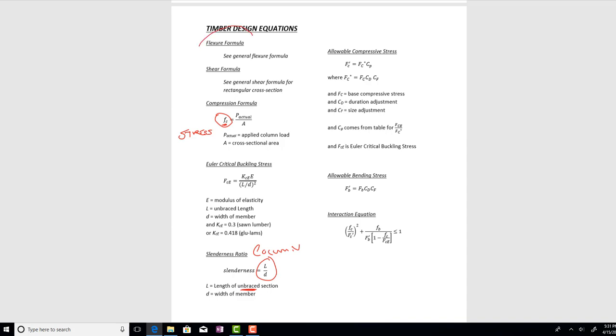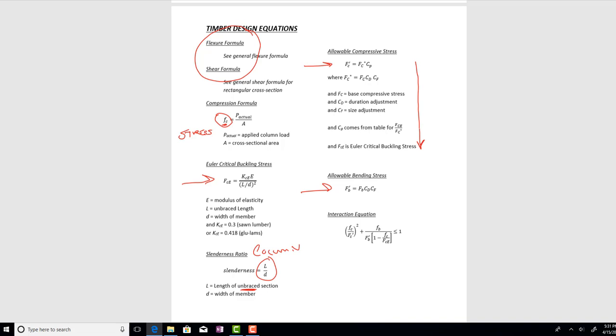If we're dealing with bending and shear, we've already introduced those formulas up above. And then the rest of this right here simply has to do with the process of calculating specific for timber columns. And you'll recall that this right here was the process we used for doing the compression capacity of a column.